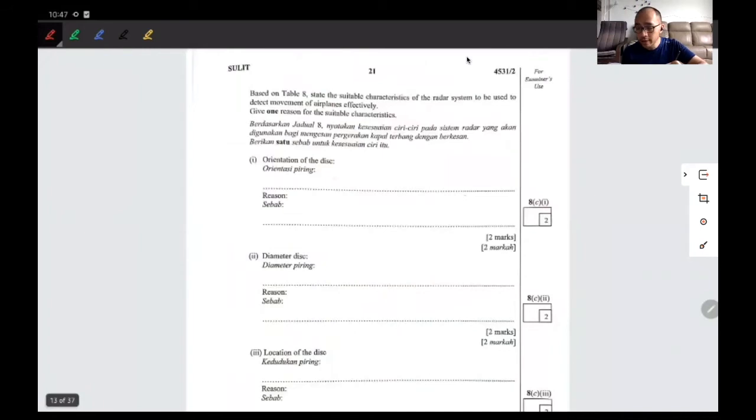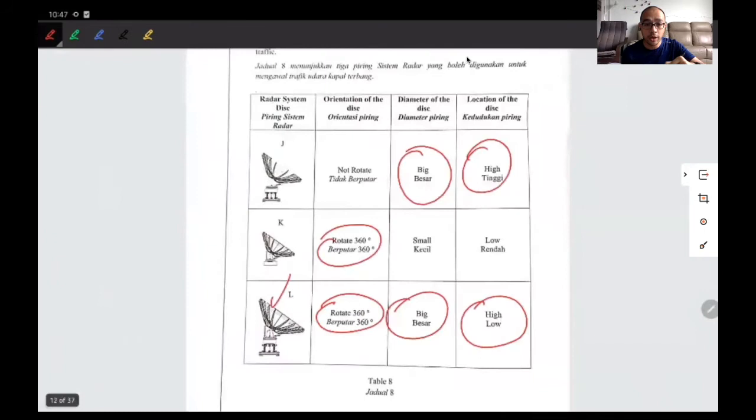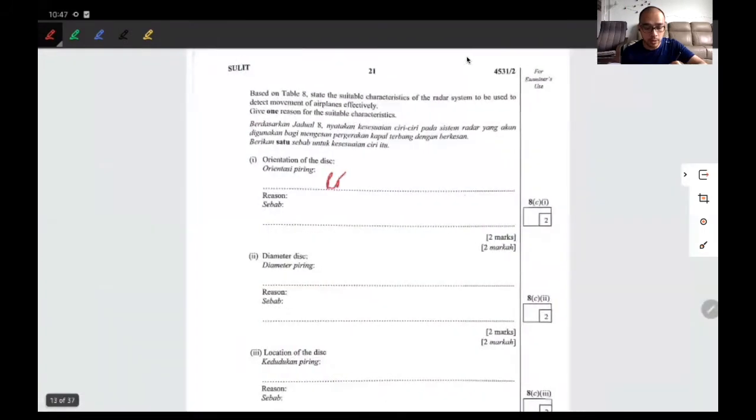So the orientation of the disc, what is it? We're talking rotate 360, right? So rotate 360 degrees, to be able to transmit and receive wave signals from many directions.